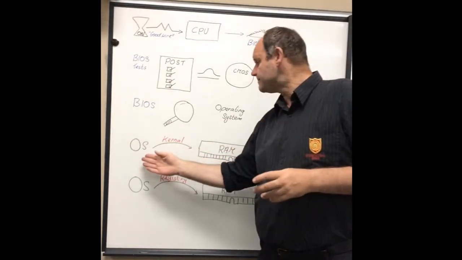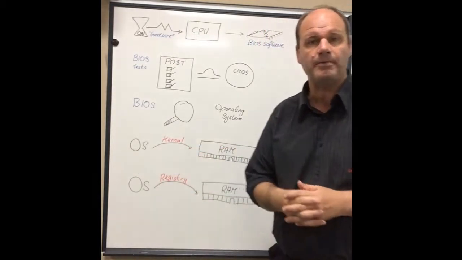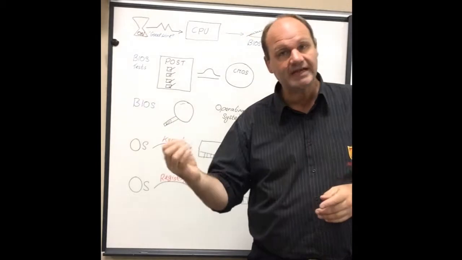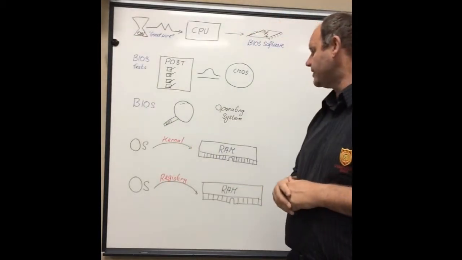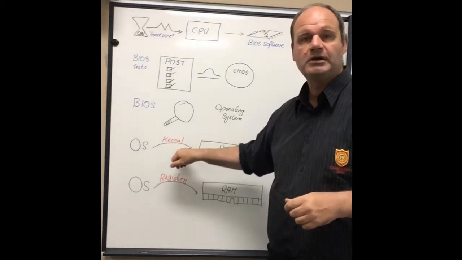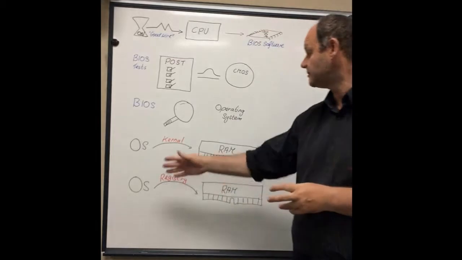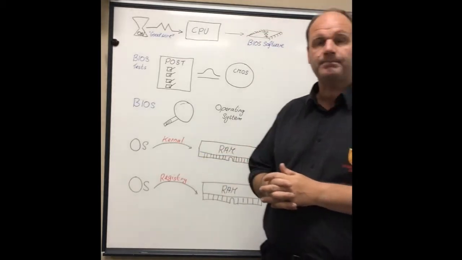The first programs built within the operating system, the most essential programs of the operating system going into RAM, is called the kernel. So the kernel is the most important part of the operating system that goes into RAM.